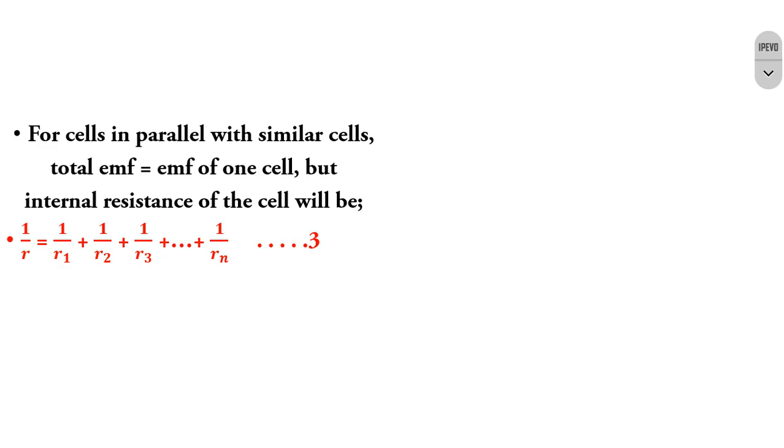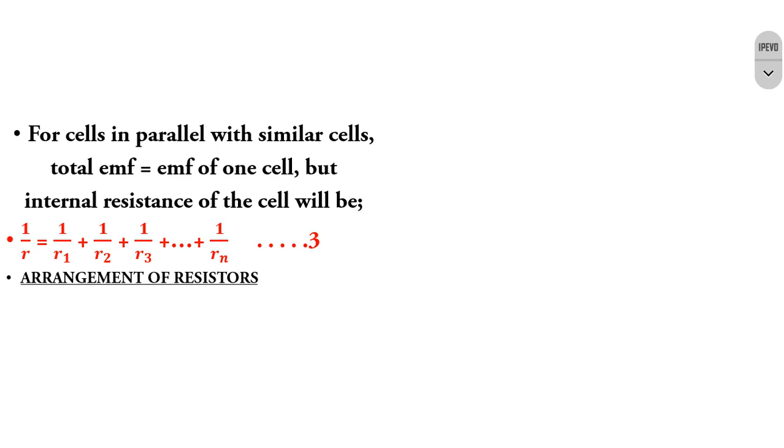We have already said that the total EMF in the parallel arrangement is equal to the EMF of one cell, but the internal resistance is given by equation 3 as shown below. So if you are asked to find the internal resistance of a cell arranged in parallel, you use this expression here.